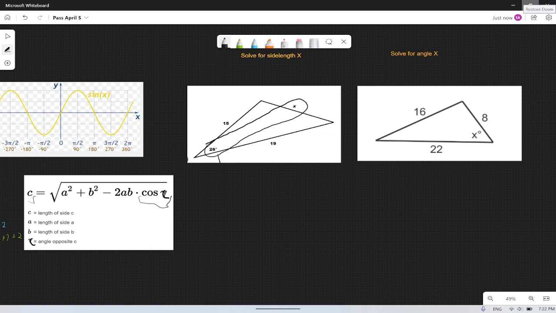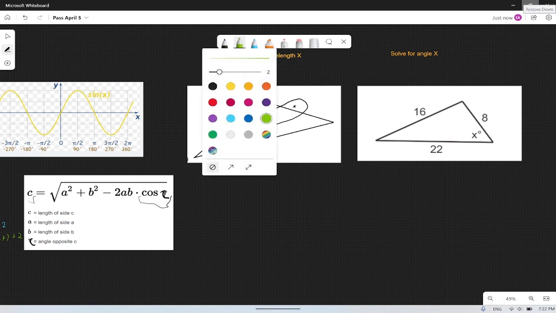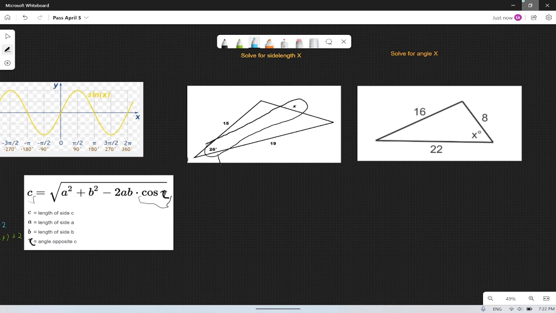Let's switch colors. We can call this theta, it doesn't matter. Theta, and this will be our X value, which is C in this formula, which is a little bit confusing. And then these other two side lengths, it doesn't matter which one is A or B.